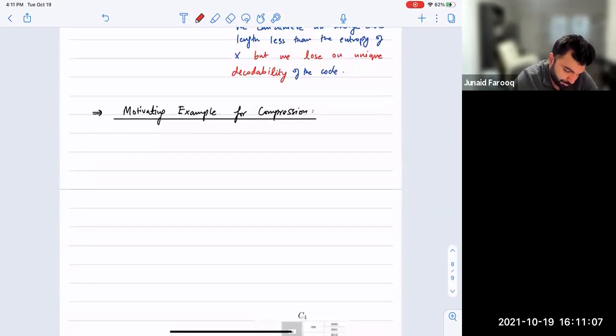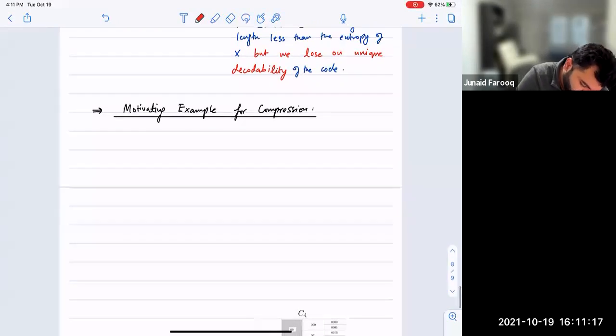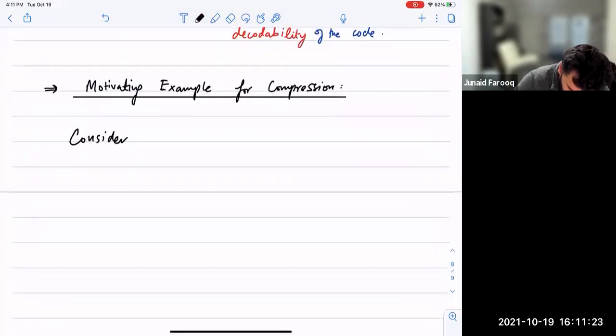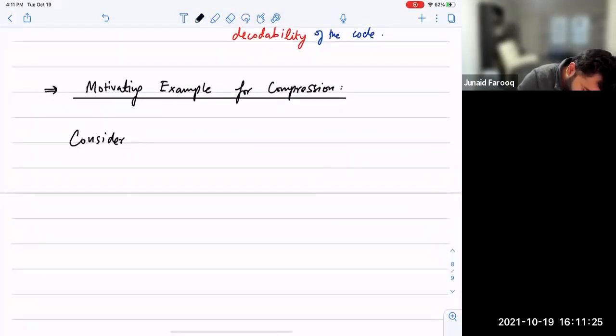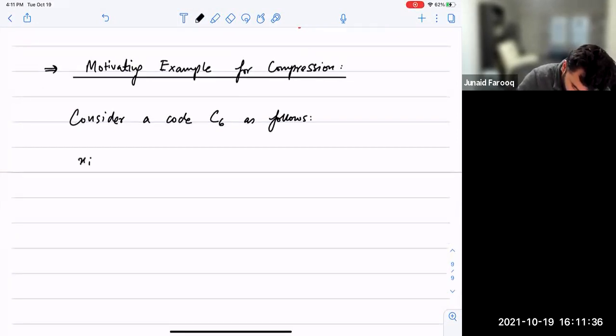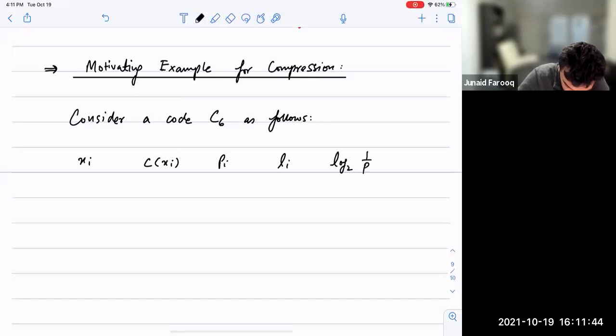Now, let's take another example of a code. Let's consider a code C6 as follows. So we have xi, again pi, li, log 2 1 over pi.